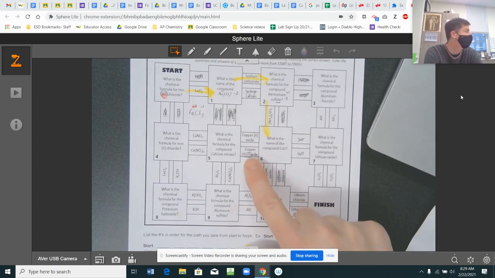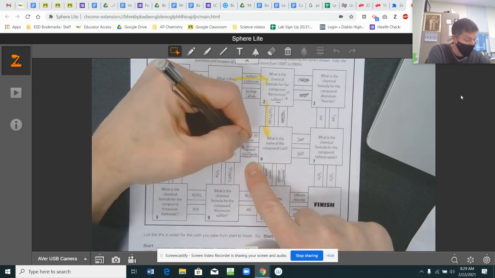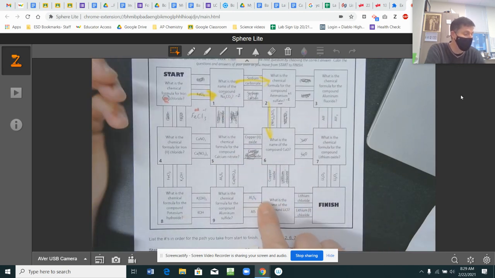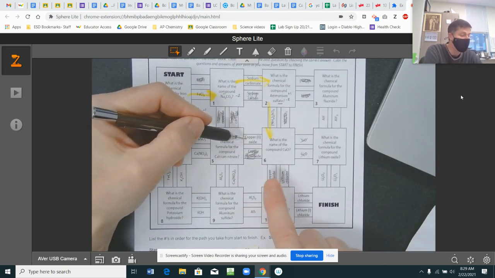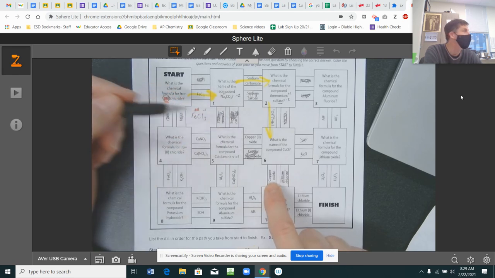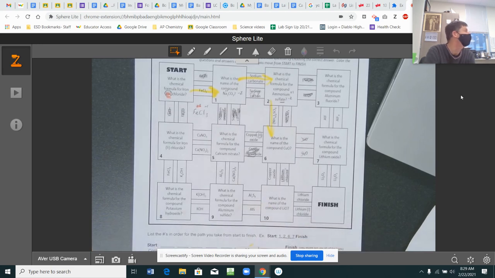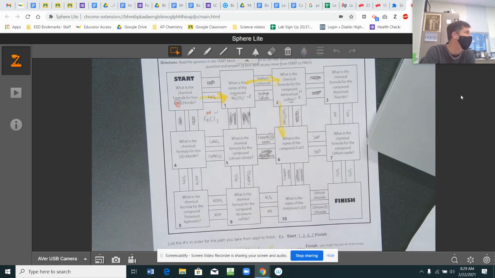So that's where we can rule that one out. Does that kind of make sense? Yeah. Good. So yeah, prefixes will never happen with a metal, so we can rule that piece out. So now we've got this and this. They both say copper oxide. The difference is whether there's a Roman numeral 2 or not. That's going to determine whether we go left or we go down. Which one is it?